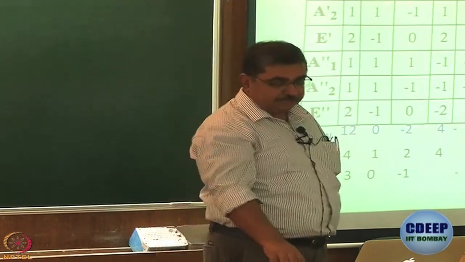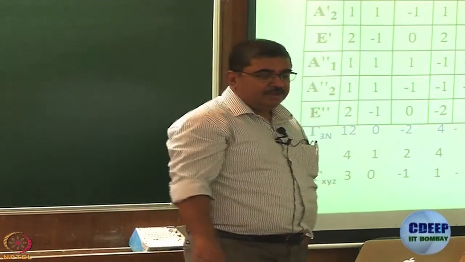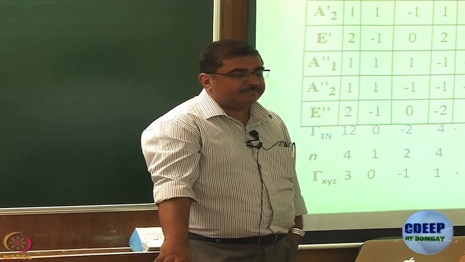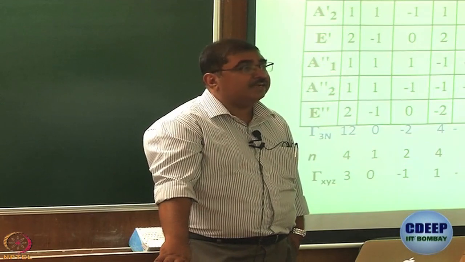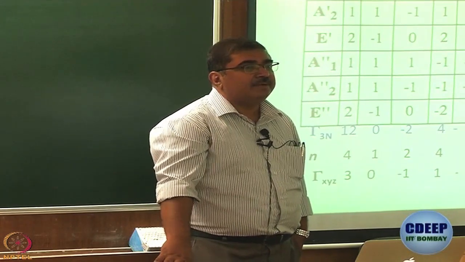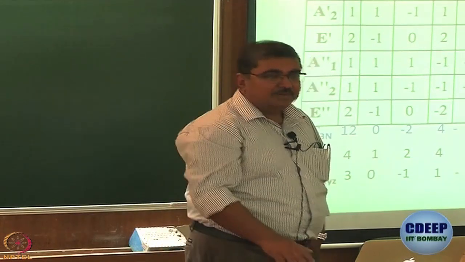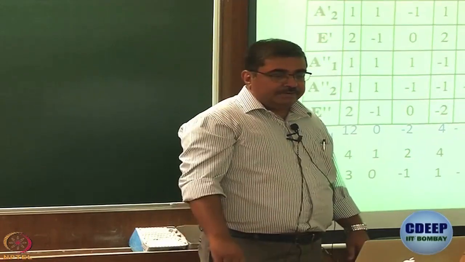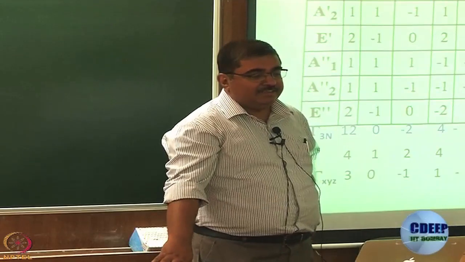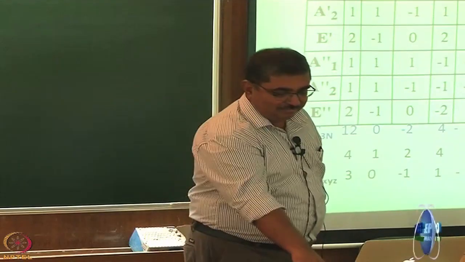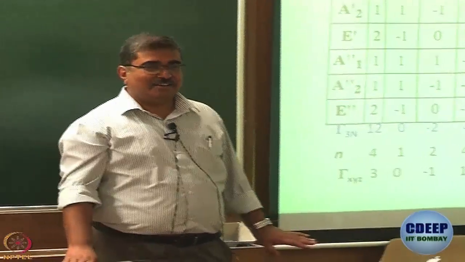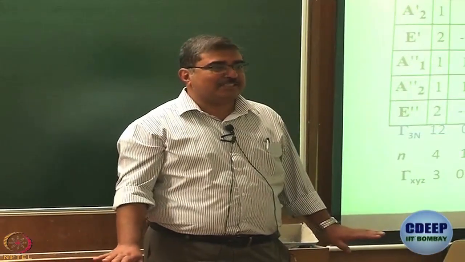Yes, 2 minus 1 equal to 1. What is the character for S3? -2. This is just addition. So, all right. What is the character for sigma V? 1. Okay. So this is gamma xyz.